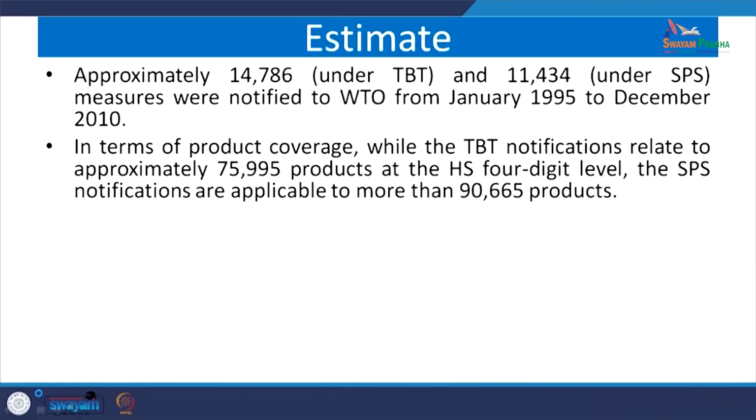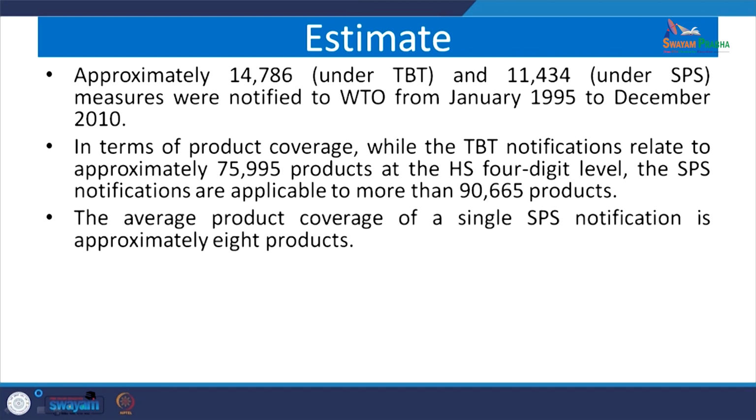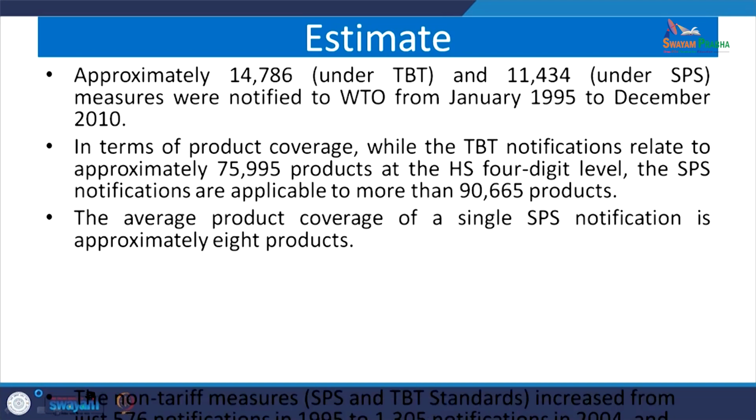TBT notifications relate to approximately 75,995 products at the HS 4-digit level, and SPS notifications are applicable to more than 90,665 products. So, the average product coverage of a single SPS notification is approximately 8 products.